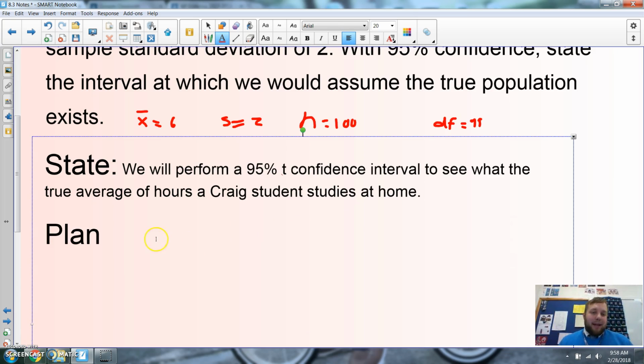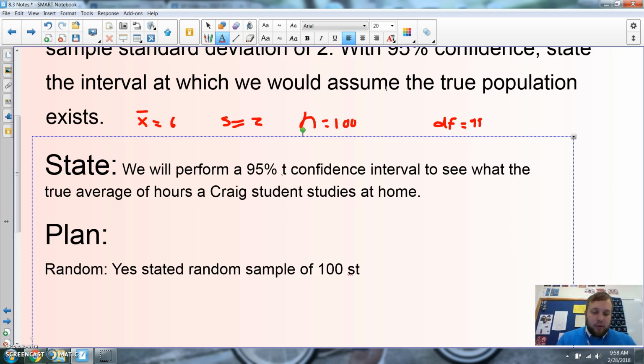All right, now my plan. My plan, Stan? All right. My plan will be, is it random? Yes. Stated random sample of 100 students. Period. Is it independent? Isn't this fun, guys?